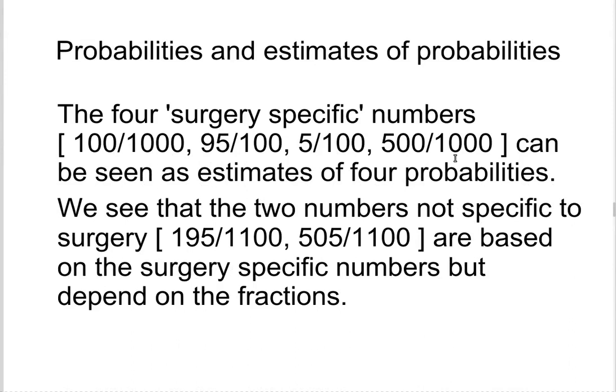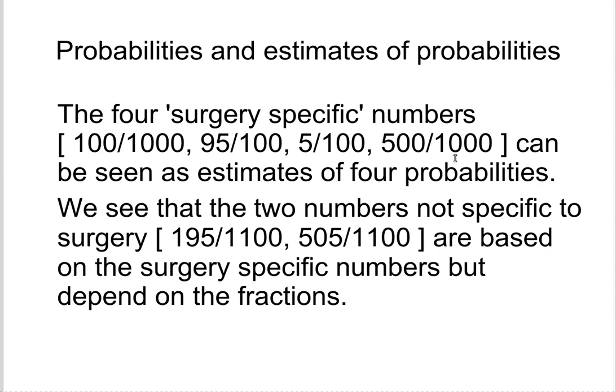So what have we got? In this context, in this way of describing things, we might prefer to see the surgery-specific numbers as being estimates of 4 probabilities. This, as we'll see later, is a circumstance in which we believe there's no other issues that may be impacting on the success rate.